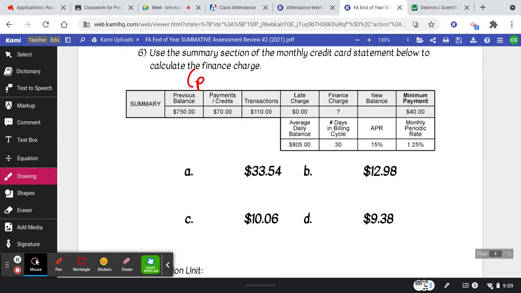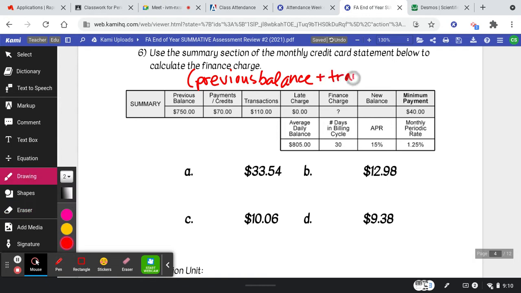This is where we take our previous balance plus any transactions that were made, like did I buy anything during that month, minus any payments that were made, because that now is gone, and then we multiply that whole thing by the interest rate. And remember, we want the monthly one. Okay, so this is the little formula we use to get that new balance and then to multiply it by the rate to see what our finance charge should be.